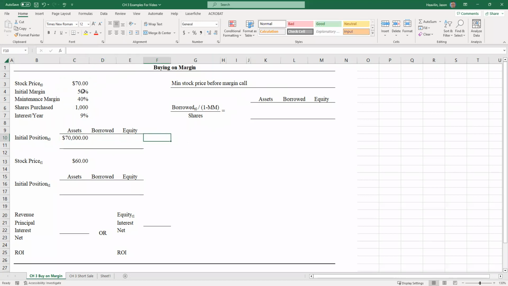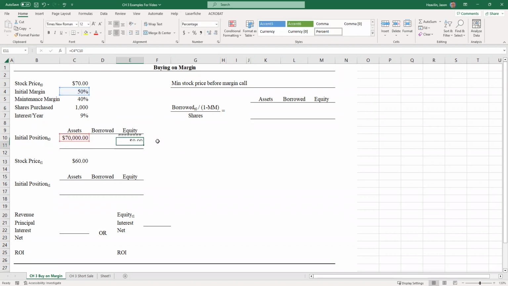Now, our initial margin dictates that we need at least 50% equity. So that's money and assets that you have to have in place in order to borrow the rest. So we're going to start with that number, your initial margin. So we're going to go to the 50% times the assets.